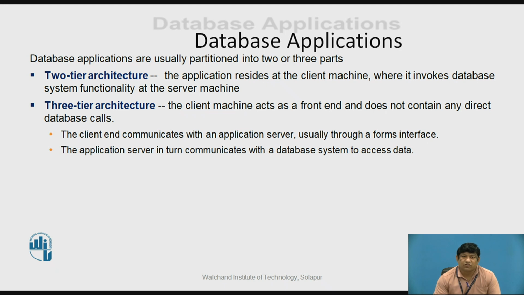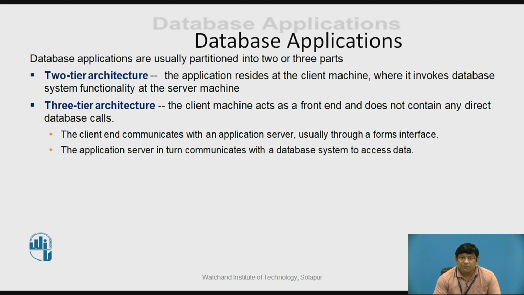Database applications are usually partitioned into two or three parts: two-tier architecture and three-tier architecture. In case of two-tier architecture, the application resides at the client machine, where it invokes database system functionality at the server machine. In three-tier architecture, the client machine acts as a front end and does not contain any direct database calls.